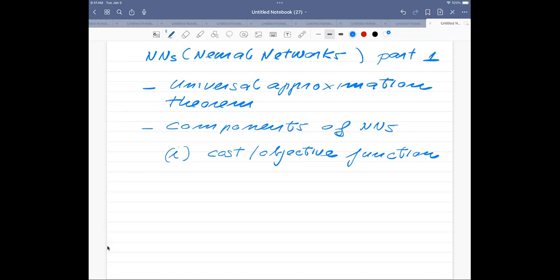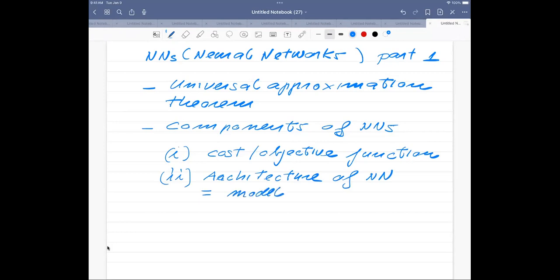So this doesn't change. Now, what changes, however, is that now your model is given by the architecture of the network. So the architecture of the NN, of the neural network, that is something you should read as the model.